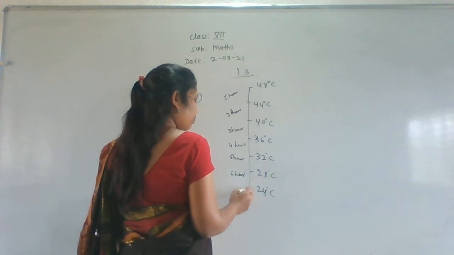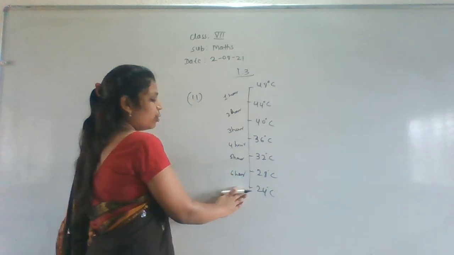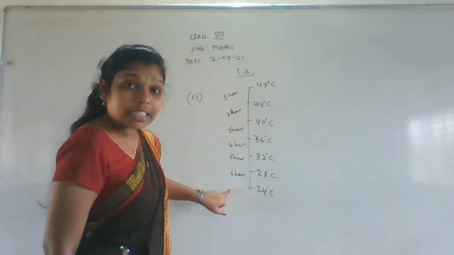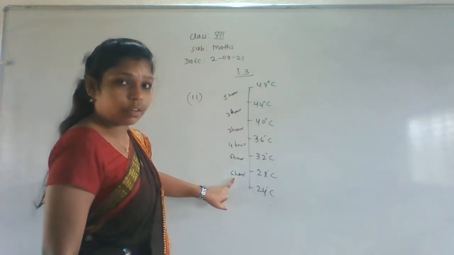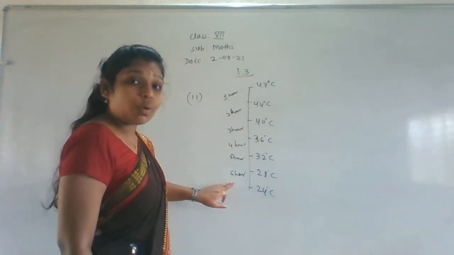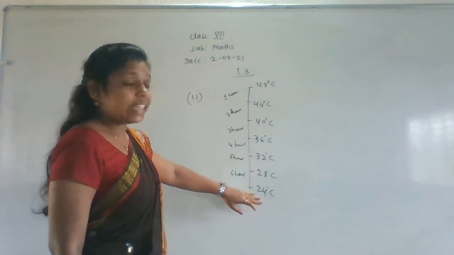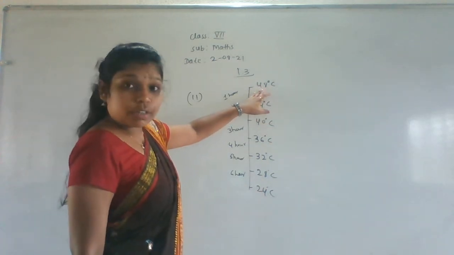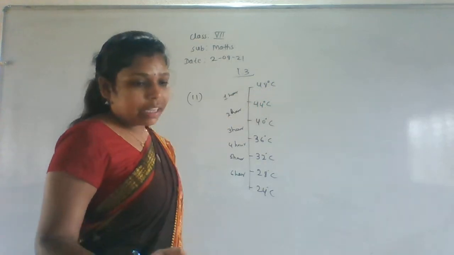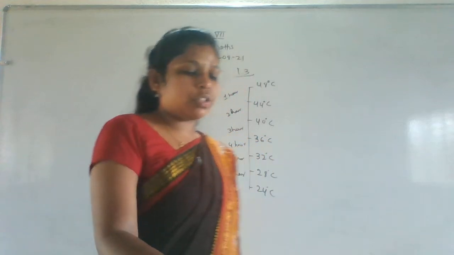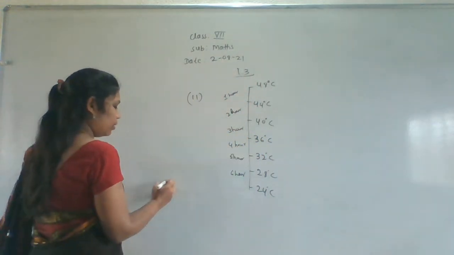And here, how much time do we want? From 48 to 24, it will be 6 hours. So it will take 6 hours to reach the temperature 24 degrees Celsius from 48 degrees Celsius. That is nothing but how much time it would take to bring down the temperature from 48 to 24.